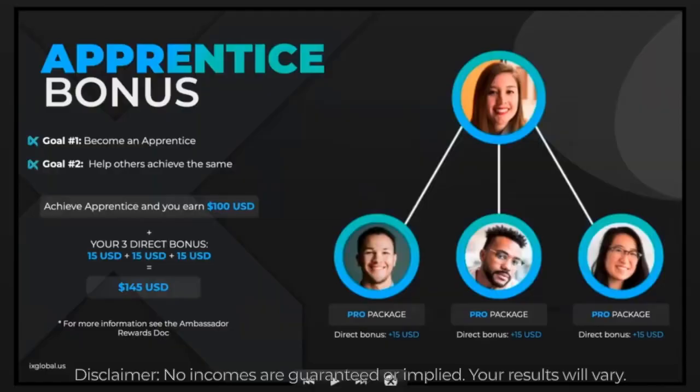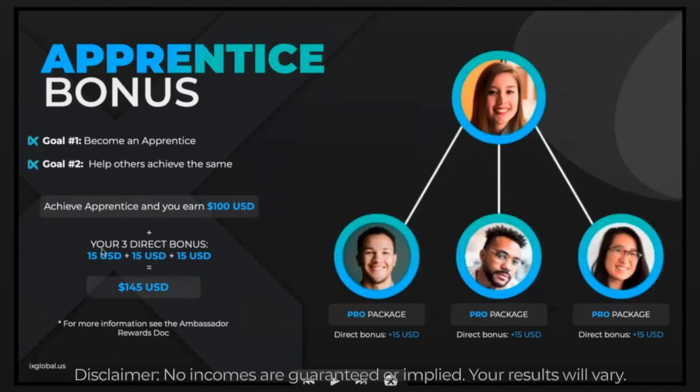Now, what it means to be an apprentice is this: you actually can go out, and if you referred just 3 people, you personally enrolled 3 people at pro package or higher, you're going to make the 15, 15, and 15. And every month as they renew that subscription, you're going to always make that 15. But because you personally enrolled 3, every month you also receive a $100 bonus.